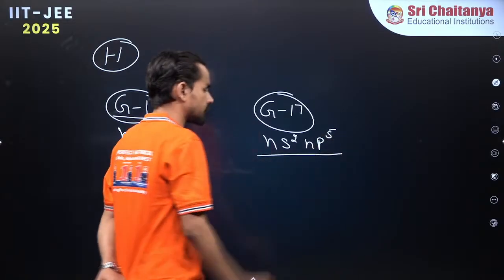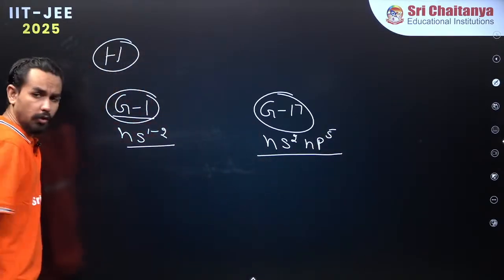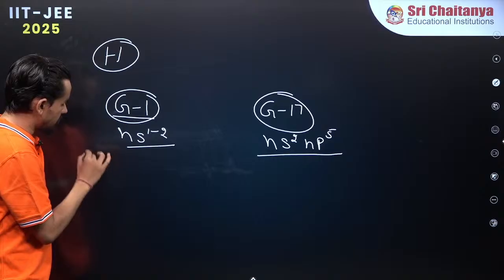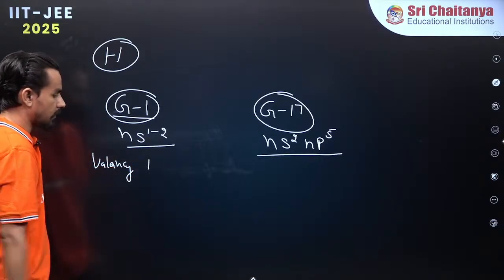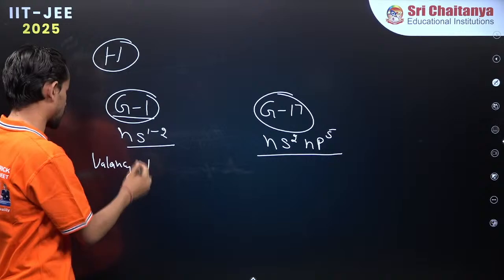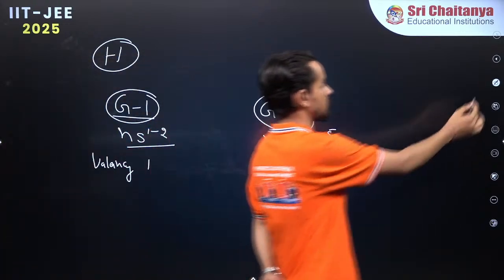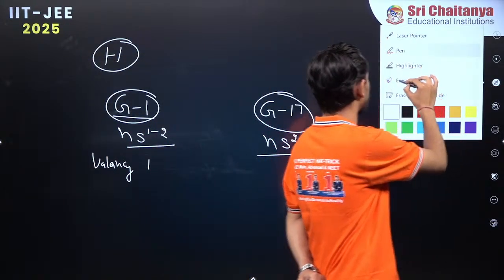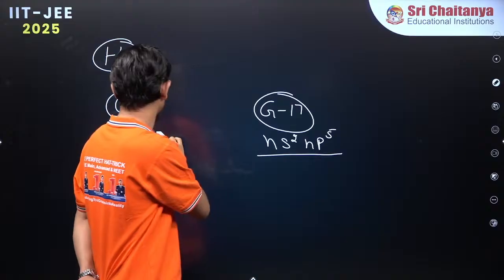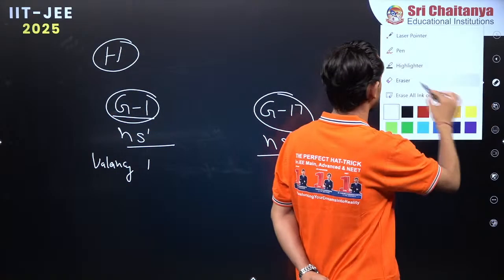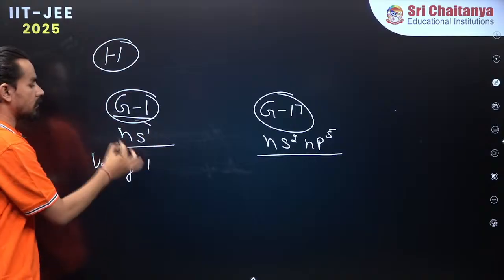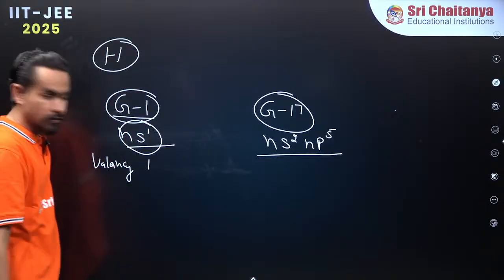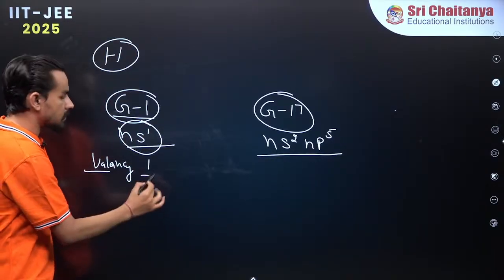np5. If you think about both of them, their valency is 1, not 1 to 2 actually, it is s block complete. So group 1 configuration is ns1 and valency is 1.